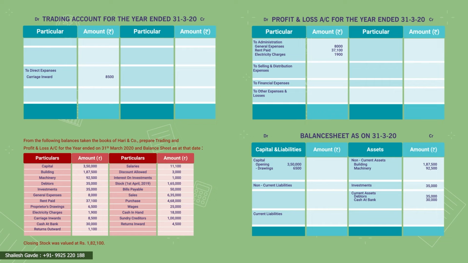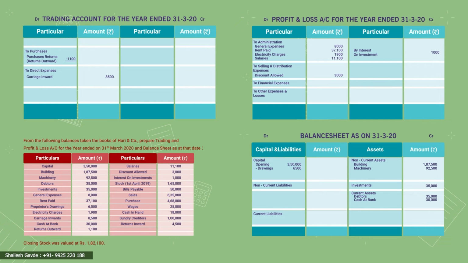So trading account debit side, to purchases less purchase returns will record 1,100. Salaries, P&L, administration 11,100. Discount allowed, P&L, selling and distribution 3,000. Interest on investments, P&L, credit, it is an income 1,000.